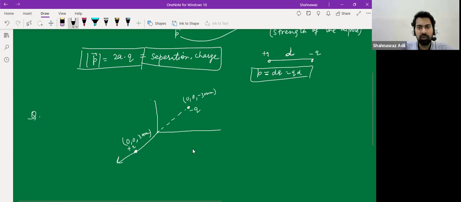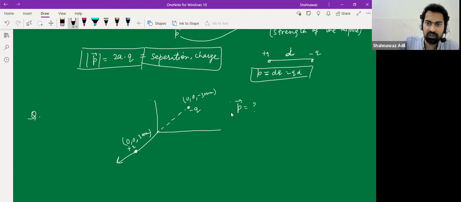So why is this 0, 0 here? What does this 0, 0 signify, Aisha? X and Y. Yes, this represents X and Y, and this means the charges are only on the Z axis. We have to calculate this P vector.